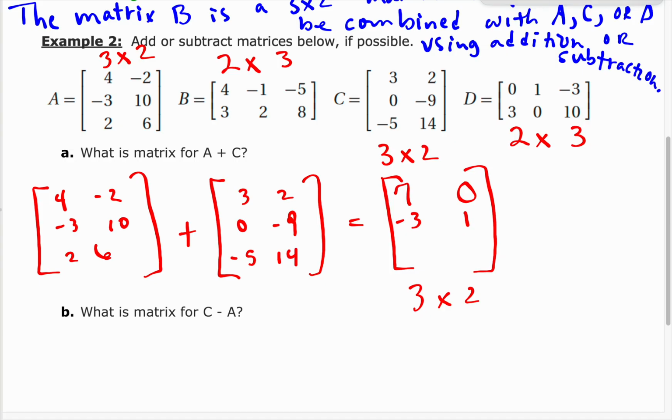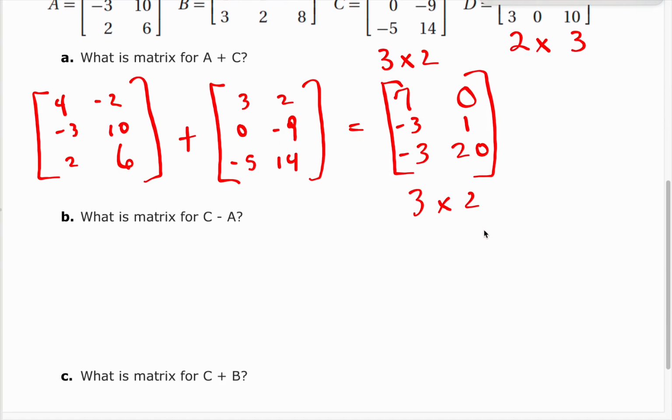I am going to move this 6 over a little bit. 2 plus -5 is -3, and 6 plus 14 is 20. So we've added A plus C together, and we have a new matrix.